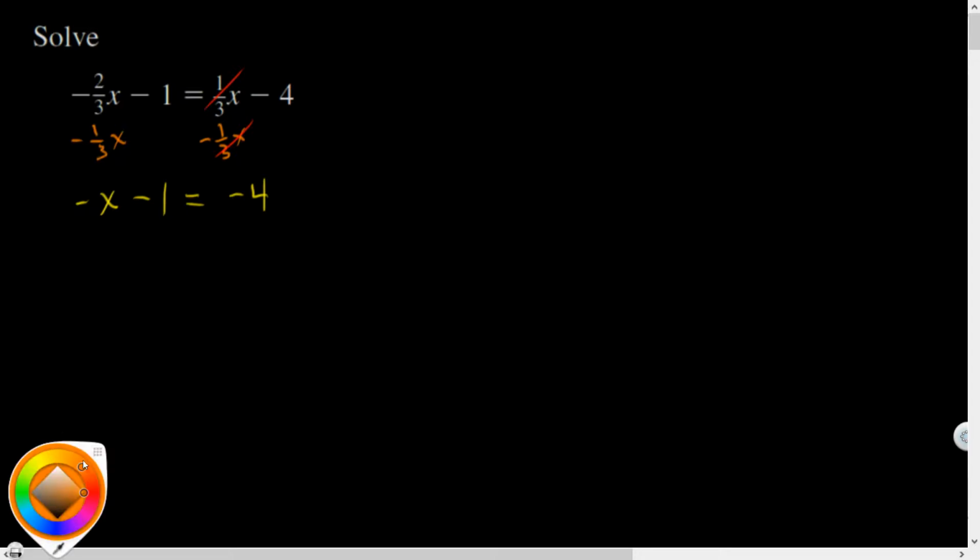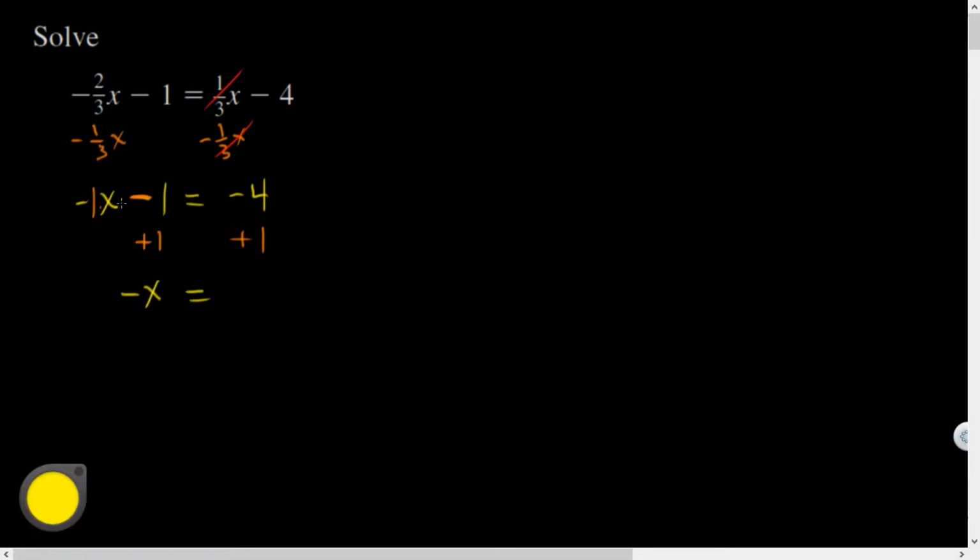How could I solve this now? How do I get x by itself? It's being multiplied by negative 1 and subtracted by 1. You could divide. Normally we added just because that always avoided fractions, but in this case dividing wouldn't have made fractions anyway, so we'd still be safe. So negative x, these ones cancel out.